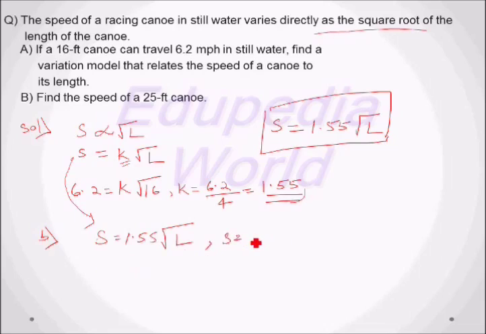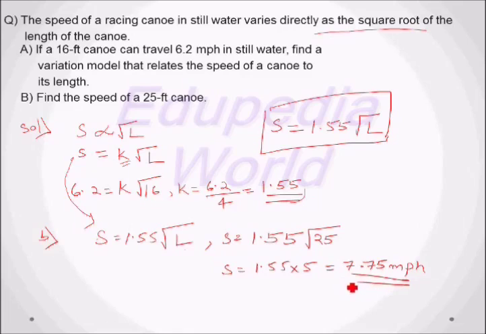S equals 1.55 into root 25. Root 25 is 5. So we have S equals 1.55 into 5, which is 7.75 meters per hour. And don't forget to write the unit, especially for numericals.